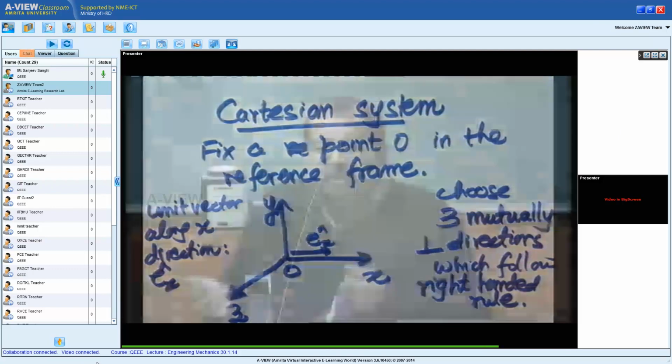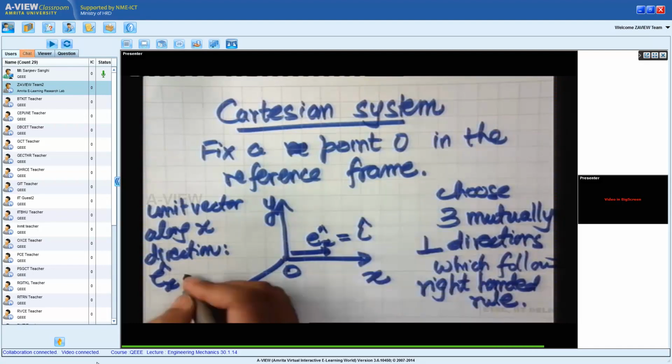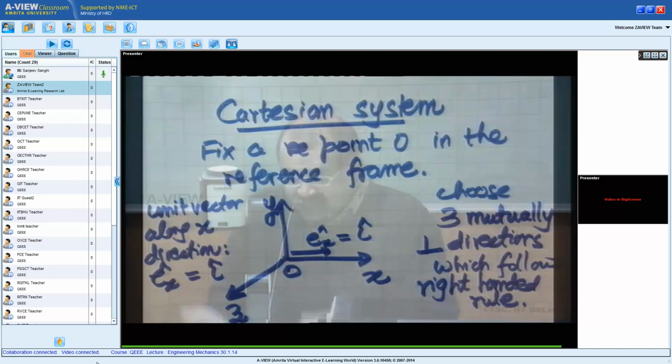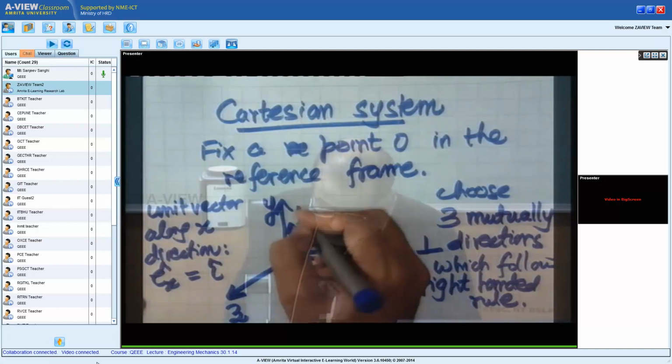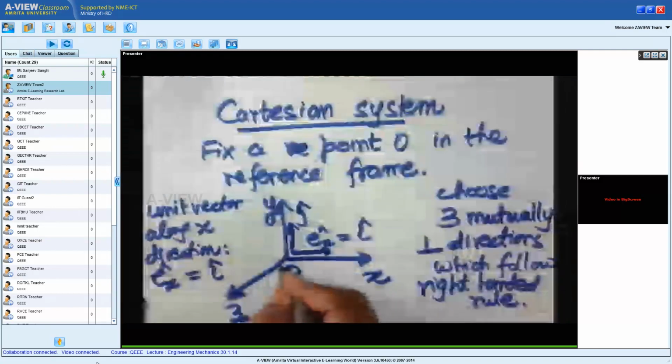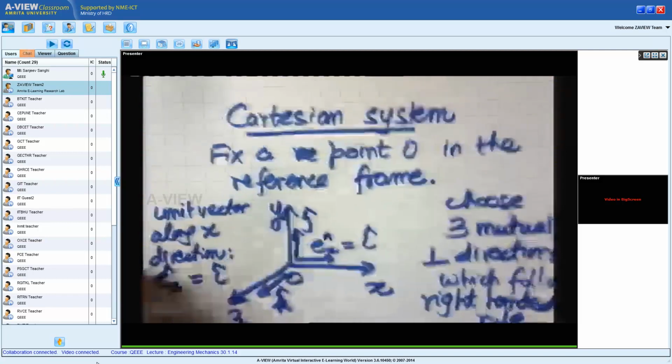But instead of calling it Ex, we more popularly call it i. So a unit vector along the X direction is termed i. A unit vector along the Y direction is termed j. And a unit vector along the Z direction is termed k. So we have these three unit vectors Ex, Ey, Ez.